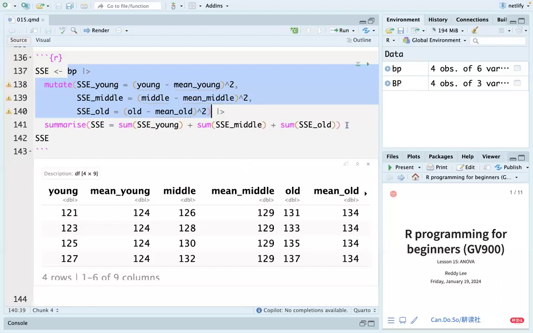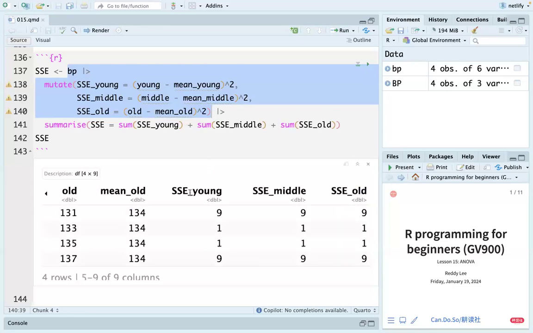And we calculate the sum of it, which means we use young minus mean young and squared, and middle minus mean middle and squared, we got this, and old minus mean old and squared, we got this.